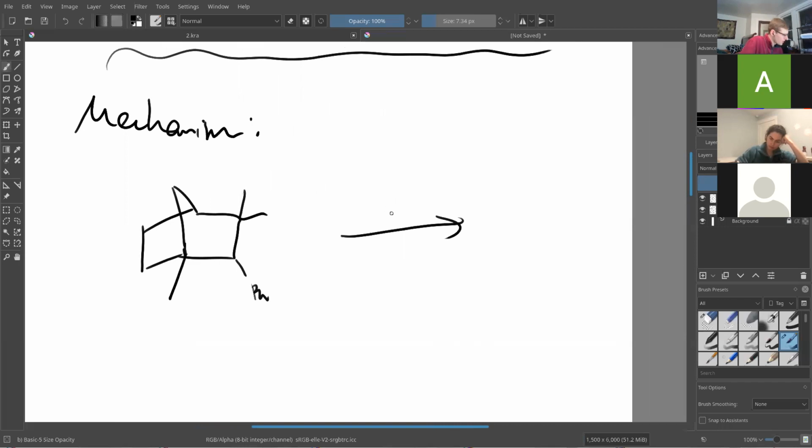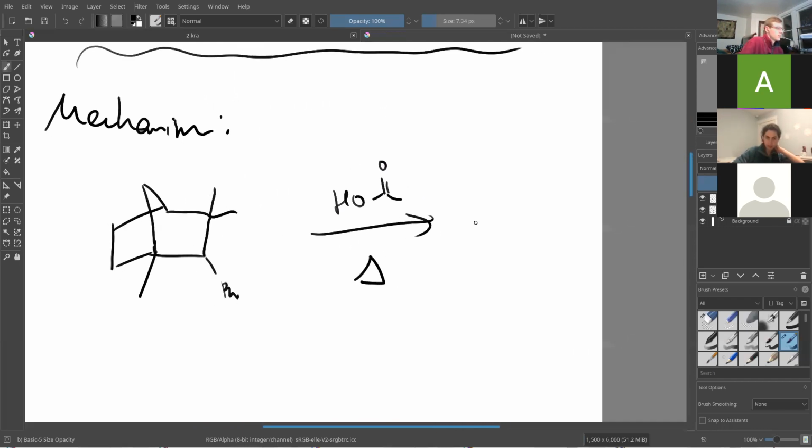So let's say you're taking this and putting it in, oh, I don't know, acetic acid and heat. Okay, and what it comes out to be is way uglier, and it looks like this.